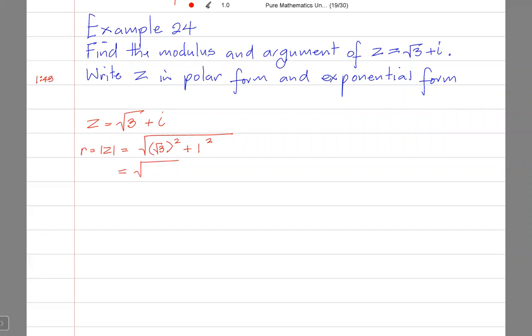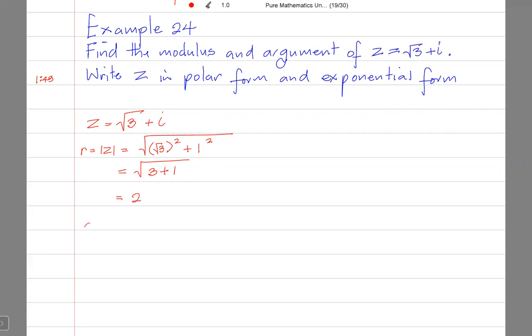So this becomes the square root of 3 plus 1. So that's the square root of 4, which is 2. So the modulus is 2. Root 3 squared is 3, because root 3 squared means root 3 multiplied by root 3. So that is 3. 3 plus 1 is 4. The square root of 4 is 2.